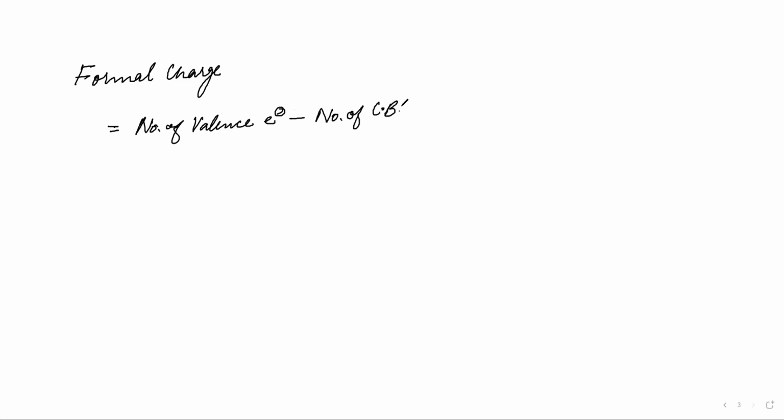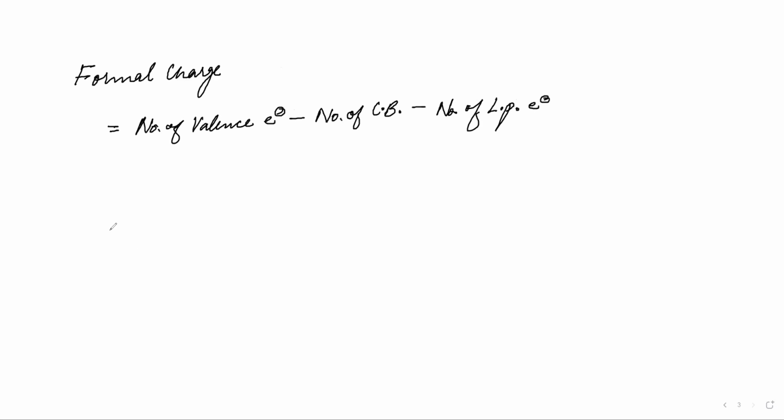So formal charge is equal to the number of valence electrons minus the number of covalent bonds minus the number of lone pair electrons.